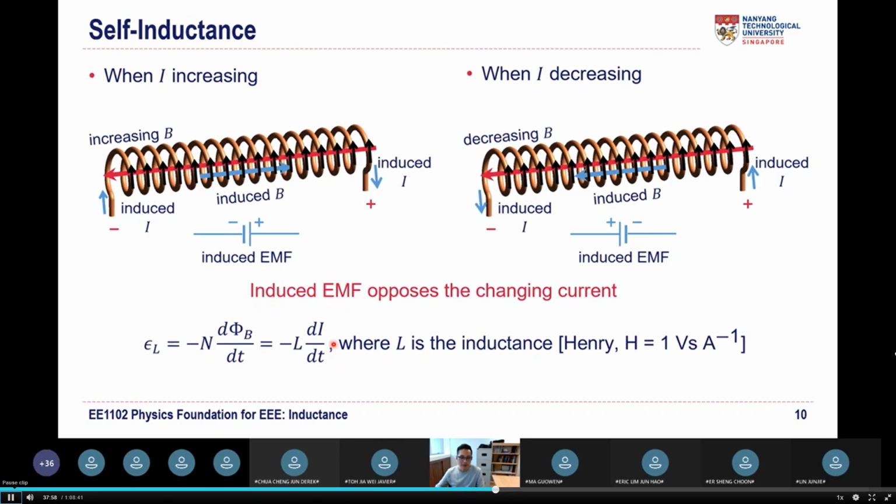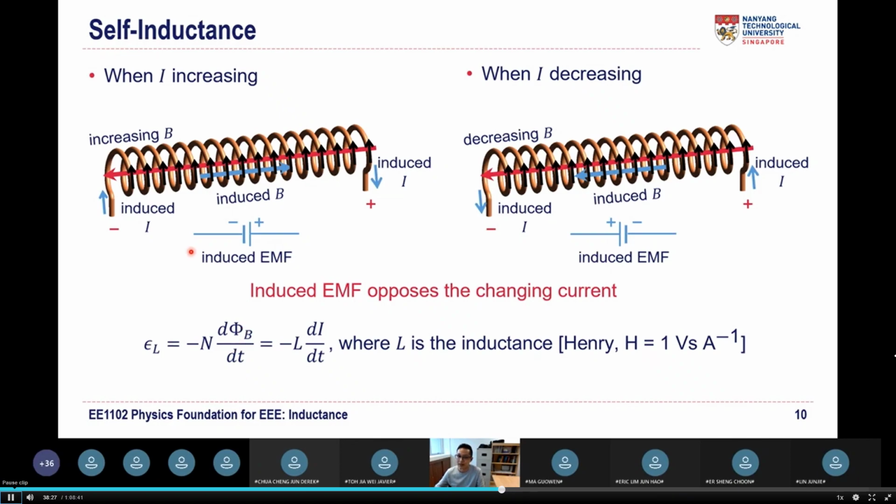And this induced EMF can be calculated using this equation, where N is the number of coils. So this one, you can start counting, maybe 12 or something. The induced EMF will be proportional to the number of coils that you have, as well as the change of the flux with respect to time.